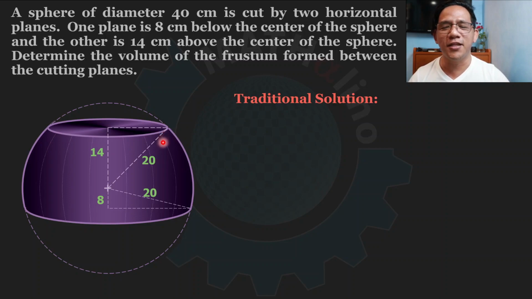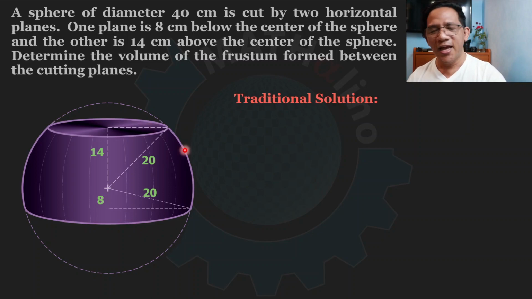If you cannot memorize that, you can actually do the spherical segment of one base: the whole sphere minus the spherical segment below of one base, minus the spherical segment above. What remains is the required volume.